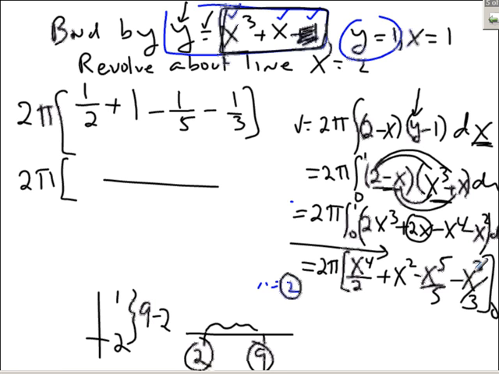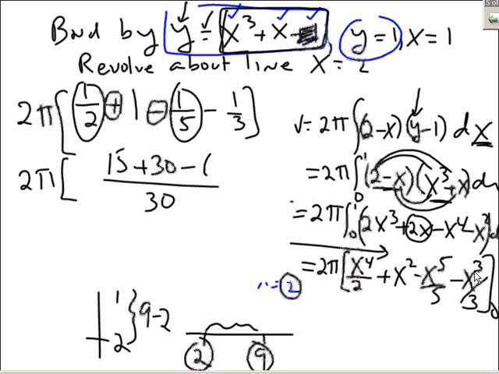It's going to be over 30. A half is 15 over 30. Plus 1 is 30 over 30. Minus 1/5 is 6 over 30. Minus 1/3 is 10 over 30. And I can reduce a little bit there.